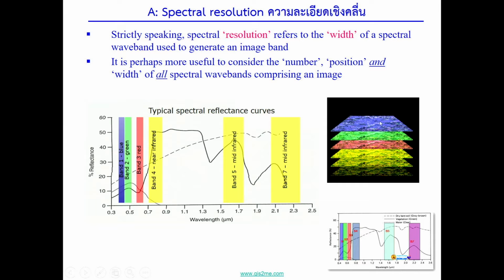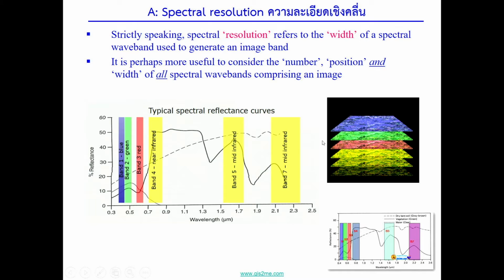It differs by satellite. Some satellites have hyperspectral images with 200 bands, but it depends on the satellite. Some satellites have only 7 bands. Let me explain.